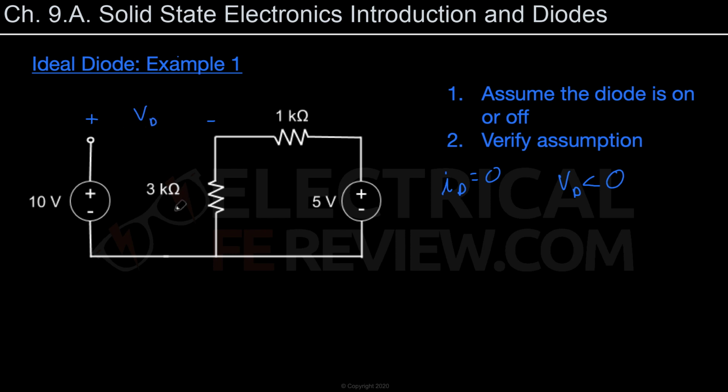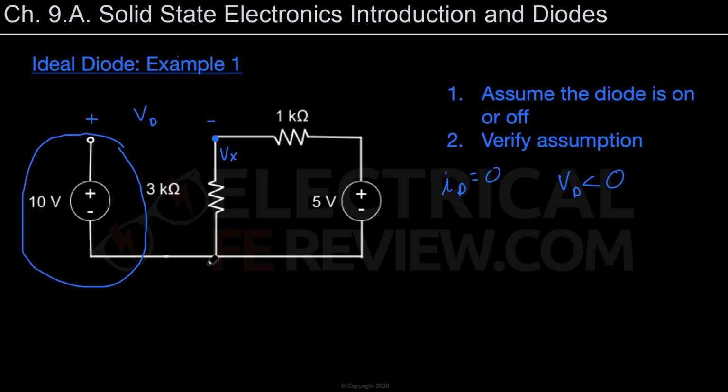And to verify this, we are going to use circuit analysis to find the voltage at this point. We'll call it Vx, and then use that to find VD. So we can already ignore this part of the circuit, because with the diode being in a reverse bias, which means that this is an open circuit, it won't have any effect on what the voltage is here.